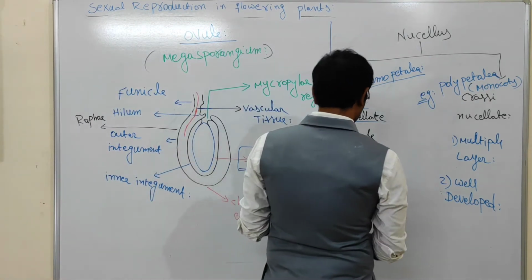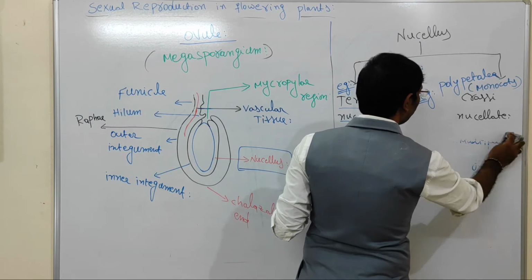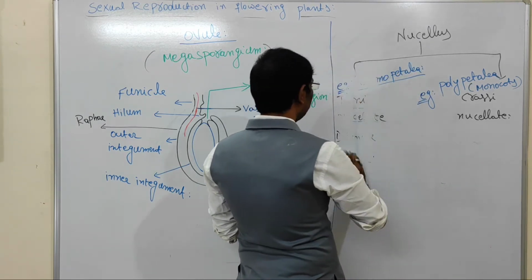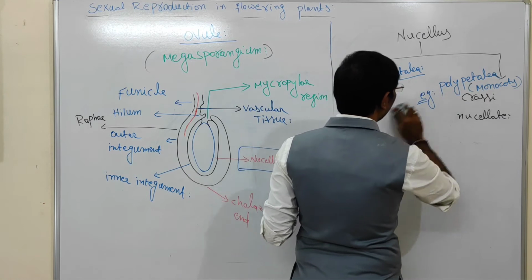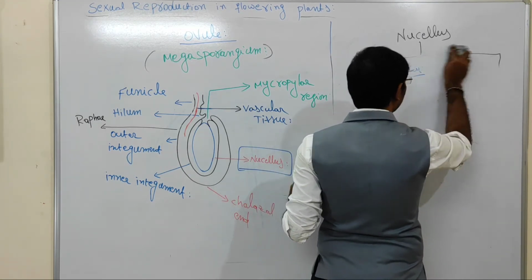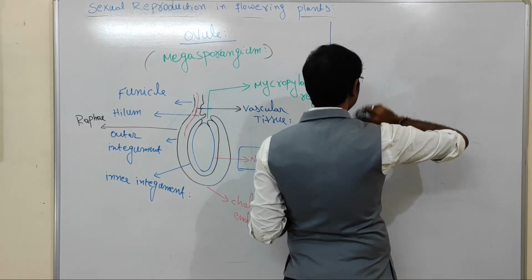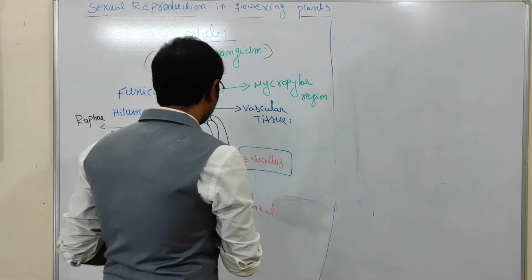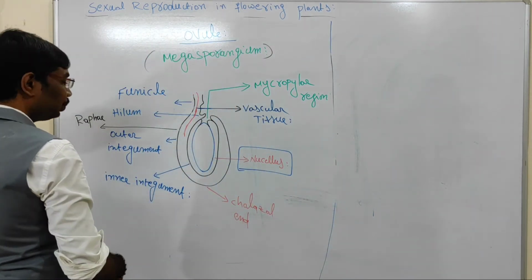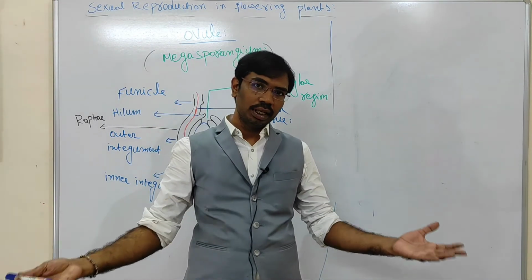Again, integuments. Based on the number of integuments, the ovules are classified into three different types. In some plants the ovule contains a single integument, in some plants it contains two integuments, or in some cases the integuments are completely absent.